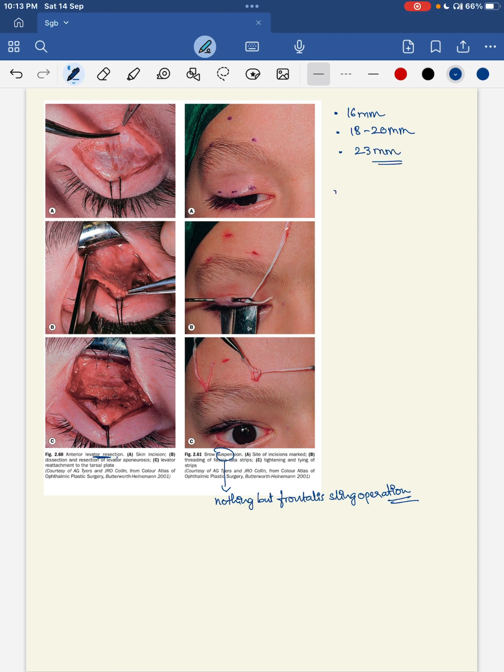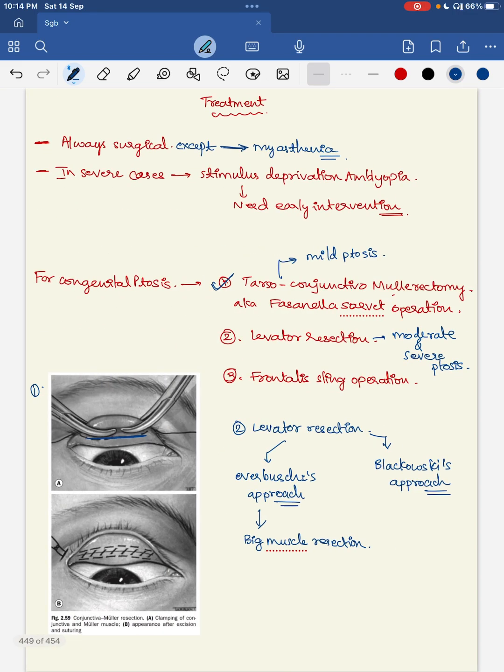In severe ptosis with poor function, around 24 is the maximum LPS resection that can be done. But in severe ptosis with poor LPS function, levator resection is contraindicated, so it cannot be done.